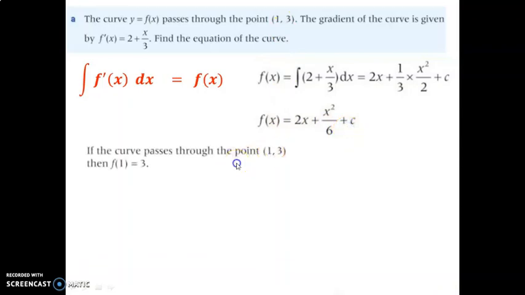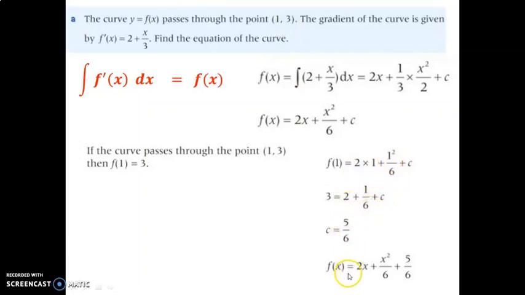Okay, so we put in a y value of 3, because that's what we have here, and an x value of 1 right here. And we get this. Solving, we get 5/6. Therefore, we know what c is now, and there's the single function that must pass through that point. Great.